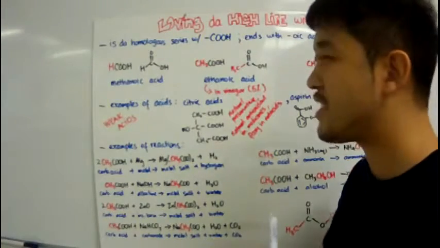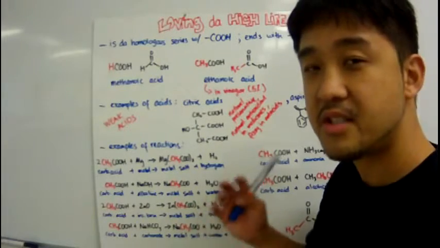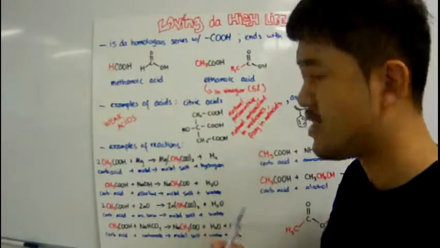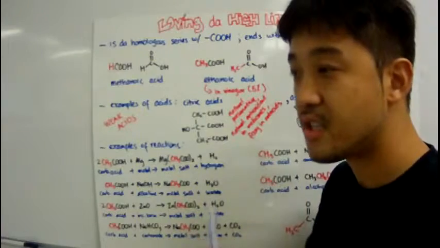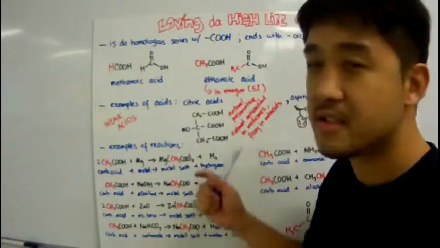Okay, first example of a carboxylic acid is citric acid. Now, citric acid occurs naturally in citrus fruits. That's why it is called citric acid. All right, this is the street name.